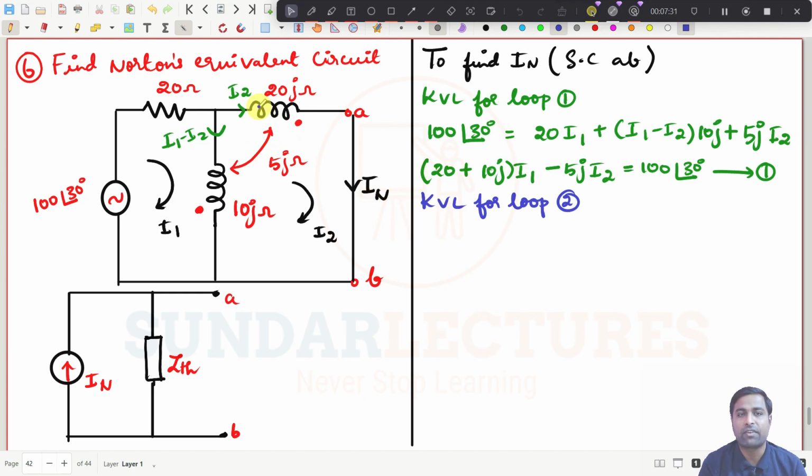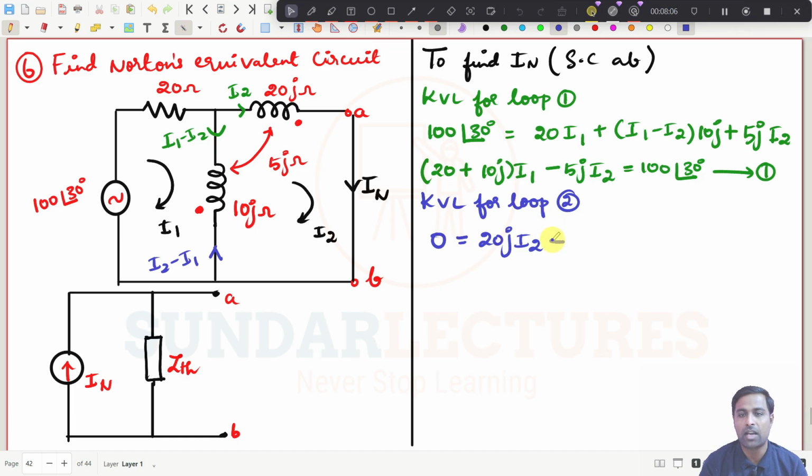No voltage sources are there, so straight away you put 0, which is equal to 20j I2, that is the self-induced EMF. And now this current is I2 minus I1, and I have to see this current is leaving the dot here, but this current is entering the dot.